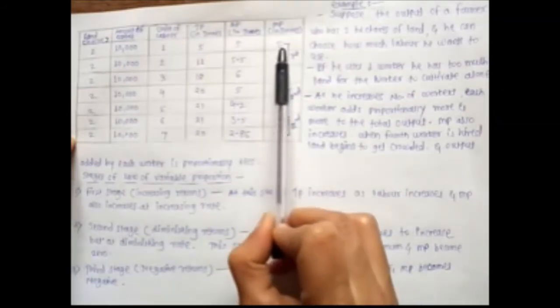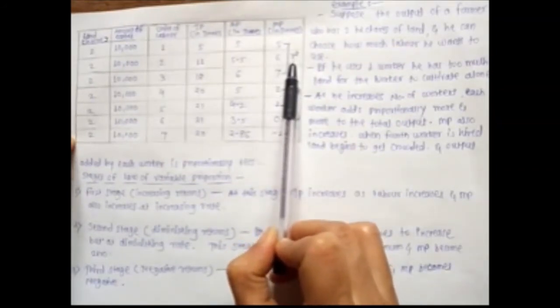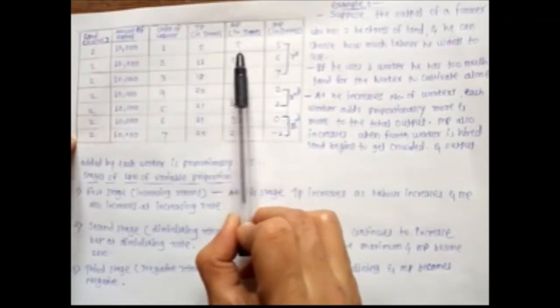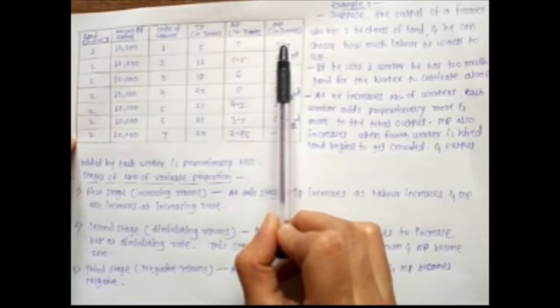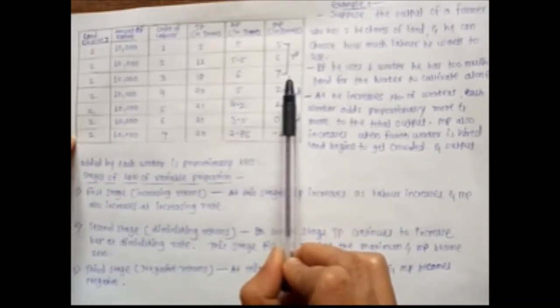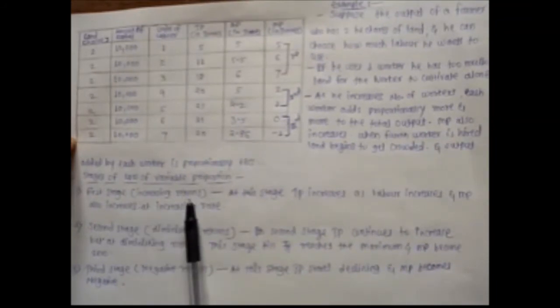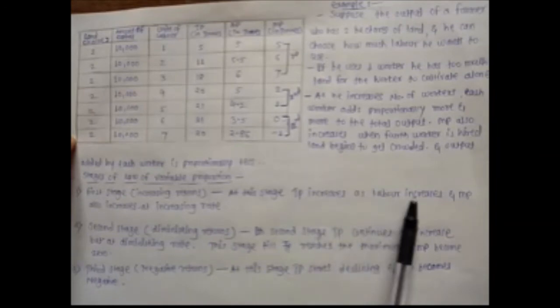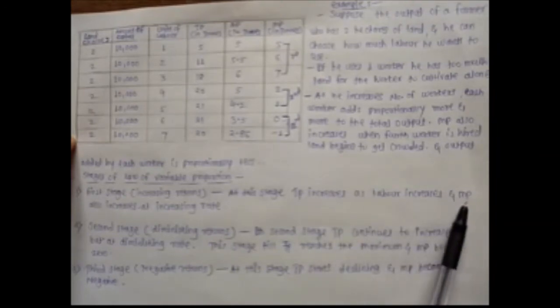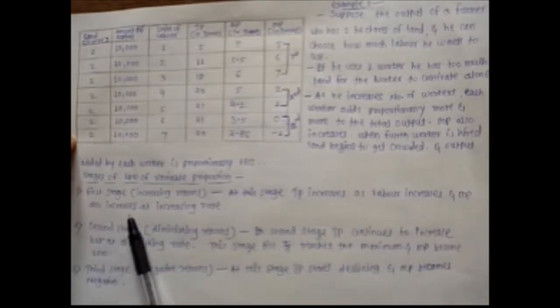So in the first stage, the total product, average product and marginal product increase at an increasing rate. So this is the increasing returns stage. Why? Because at this stage total product increases as labor increases and marginal product also increases. So the first stage is the increasing returns stage.